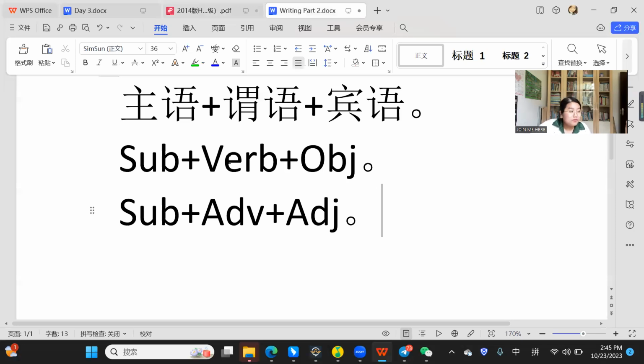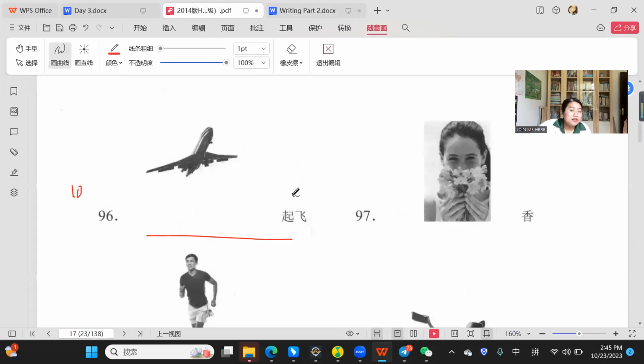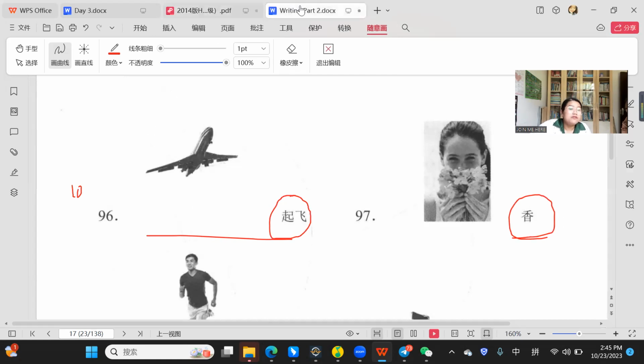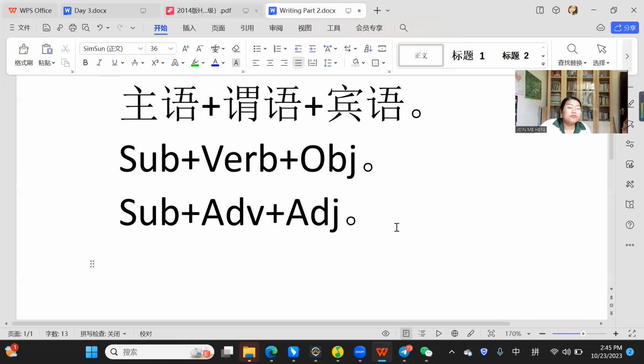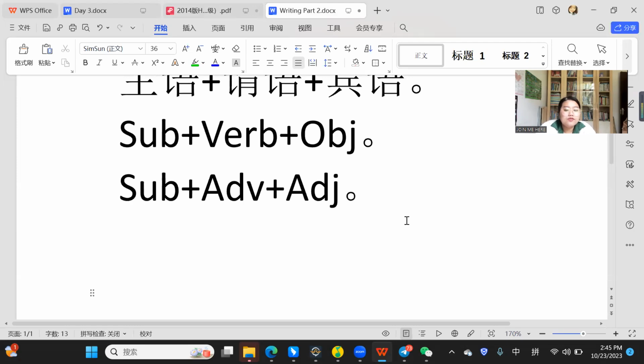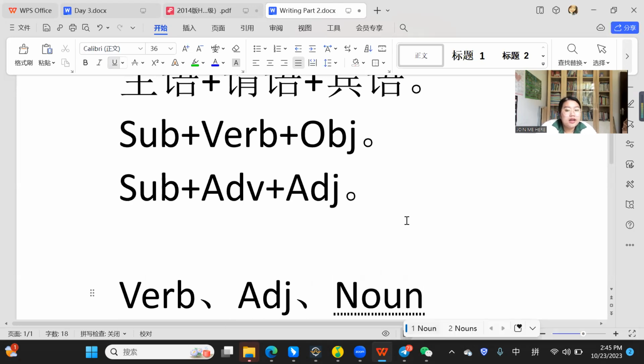So most of the time they give you a verb in this part. They give you a verb or they give you an adjective or maybe they give you a noun. So in this part you have to be careful: verb, adjective, and noun.